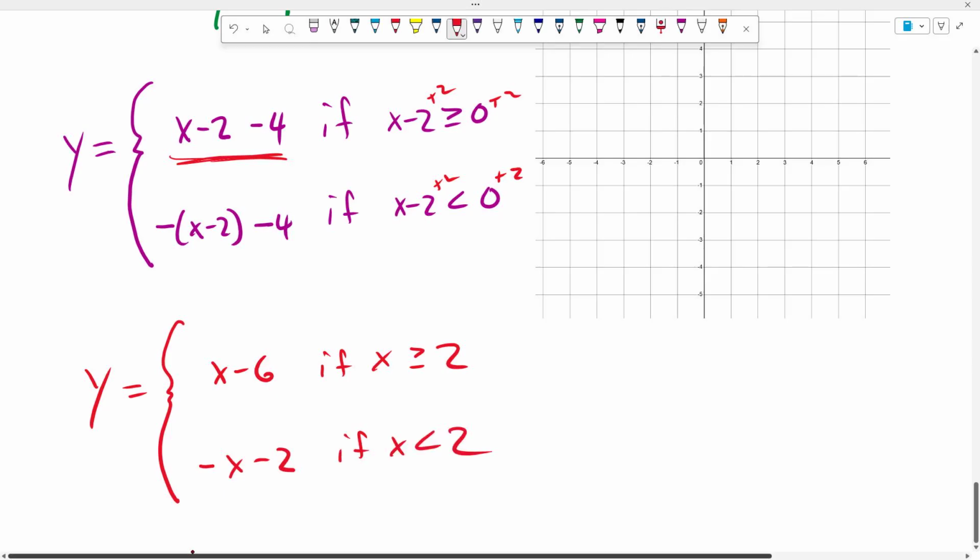Less than 2. So again, we got 2 different pieces. One is y equals x minus 6, x is greater than or equal to 2. And the other piece is y equals negative x minus 2, x is less than 2.